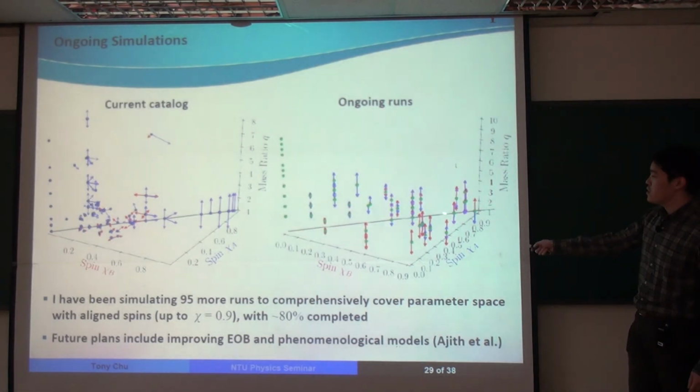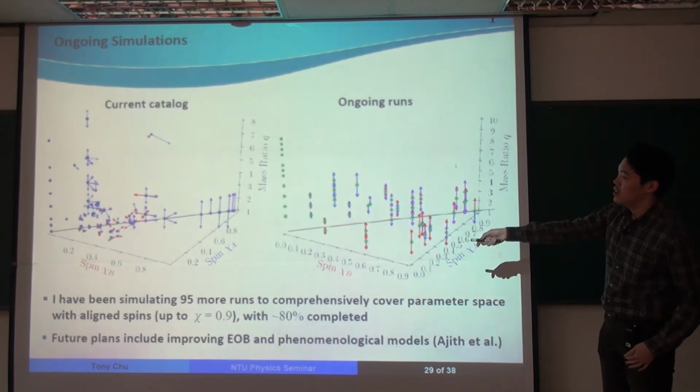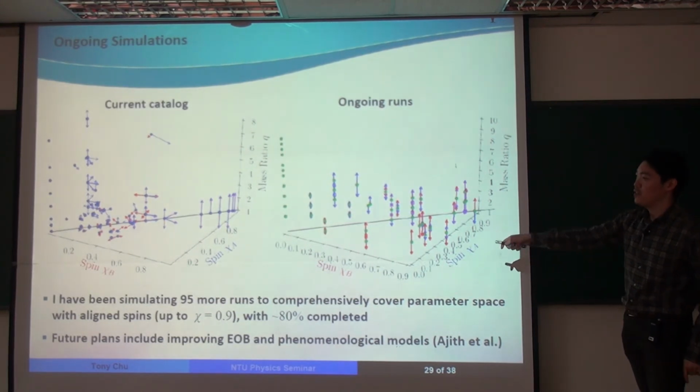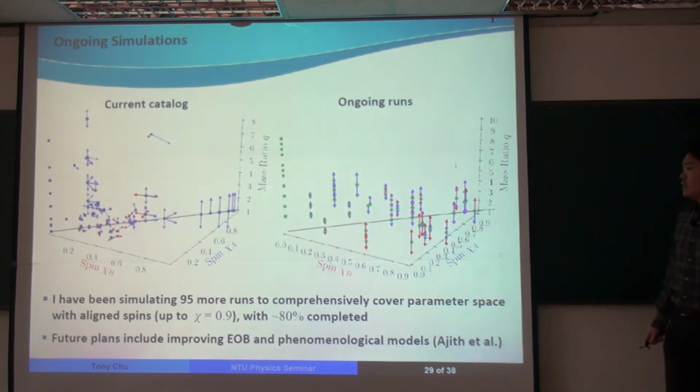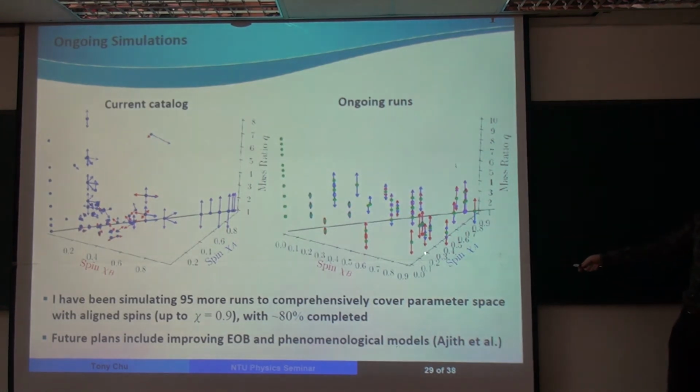This sampling of parameter space nicely complements the currently empty regions in our catalog. About 80% of these simulations have completed right now. And these are, again, going to be useful for improving the EOB model and other phenomenological models.